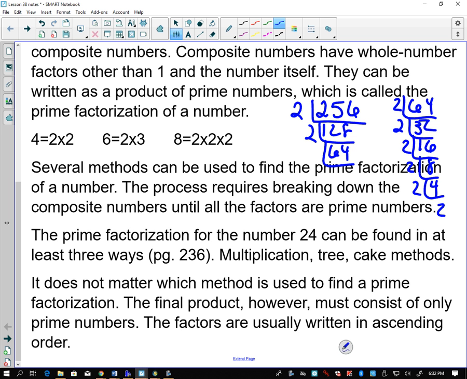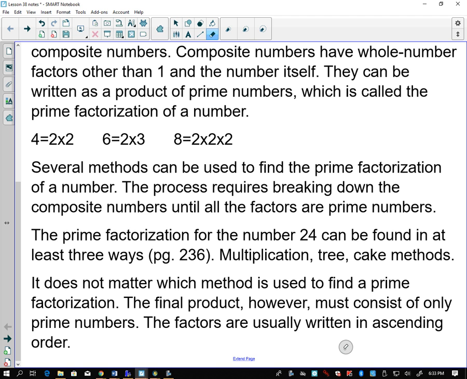So we actually have 1, 2, 3, 4, 5, 6, 7, 8 twos. So 256 equals 2 to the 8th, essentially. That is the prime factorization of 256. I don't know if that helps you out or not. Fortunately, everything used up 2s in that.